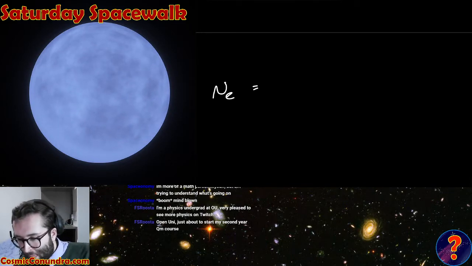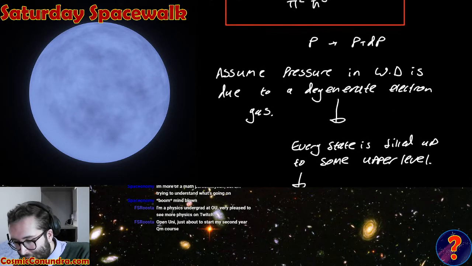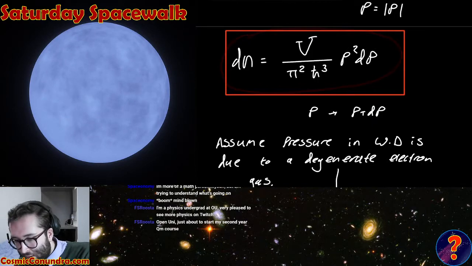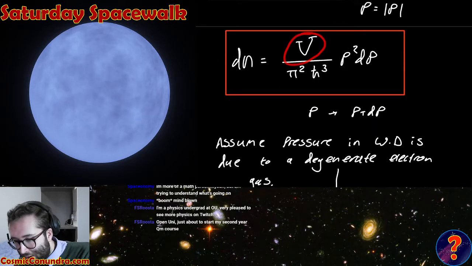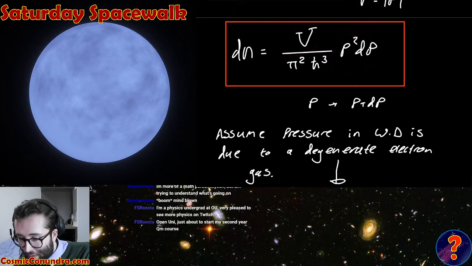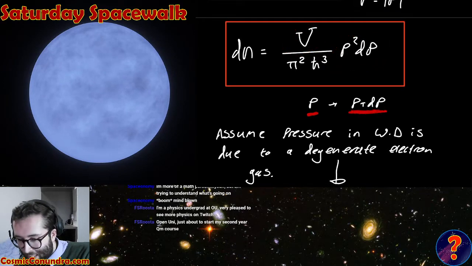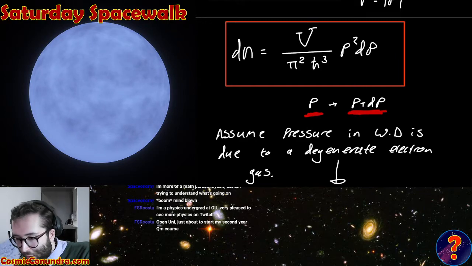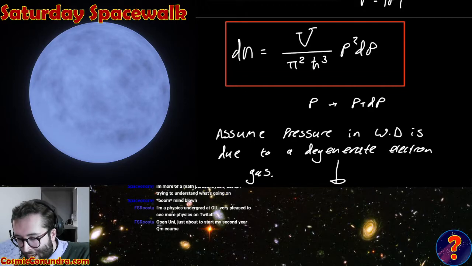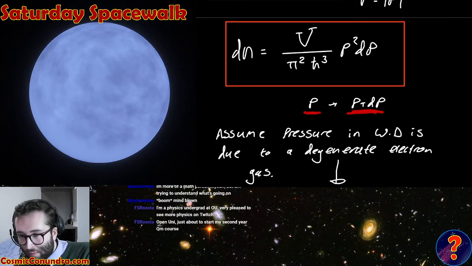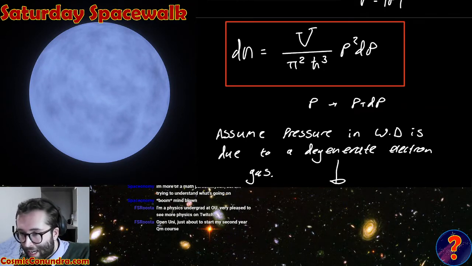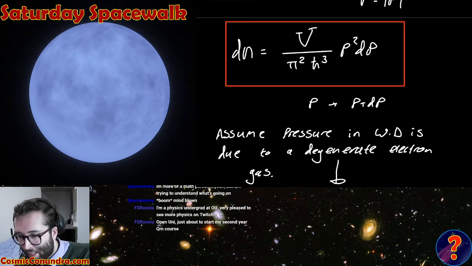Okay? Now remember, we had this density of states. This tells us how many electrons you can put into a volume V within a certain momentum range, so between p and p plus delta p. What we know is that we're filling from the bottom up. So we're filling from p is 0 up to, well, some level above this, some level we haven't yet worked out, but we've called it the Fermi momentum.